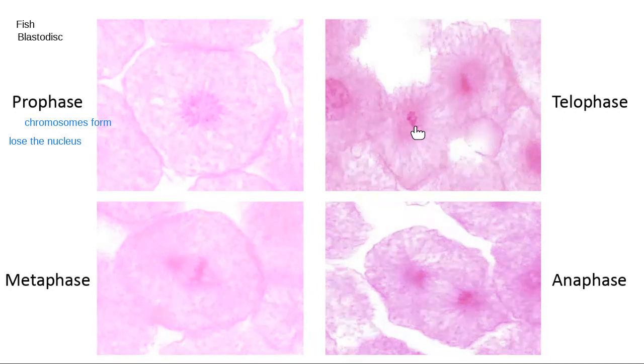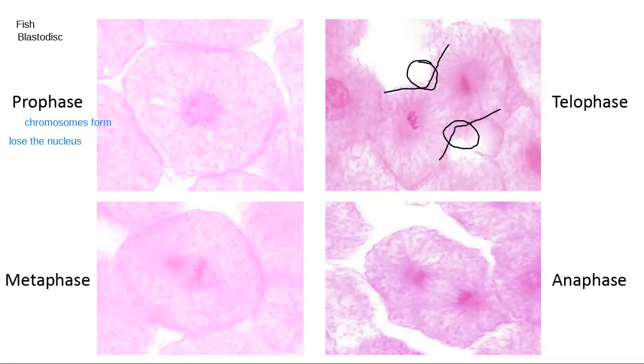But the way I know this is telophase and not anaphase is because of that structure we talked about, that cytokinesis structure we talked about. This divot right here and this divot right here. See how the membrane comes in? The membrane is pinching in on the two sides.